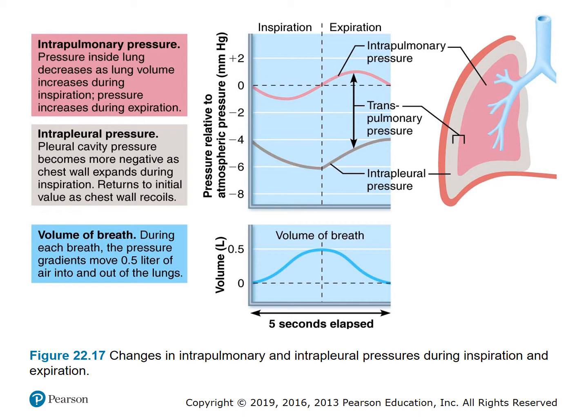The pleural cavity pressure becomes more negative as the chest wall expands during inspiration, and then it returns to its initial value as the chest wall recoils. And in terms of volume of breath, during each breath, the pressure gradients move 0.5 liters of air into and out of the lungs.